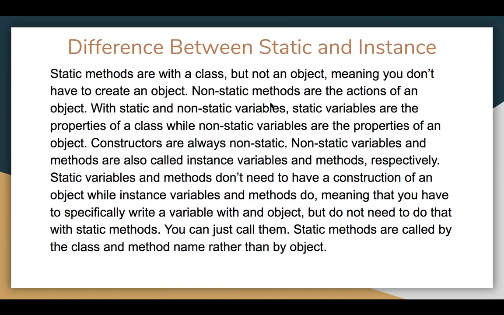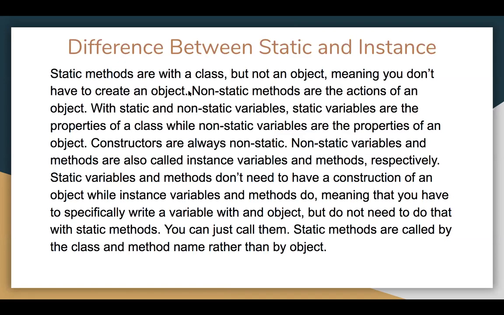The difference between static and instance. Static is what we went over last class with the static methods. Instance is what we went over today with the classes. Static methods are with a class, but not an object, so you don't have to create an object.